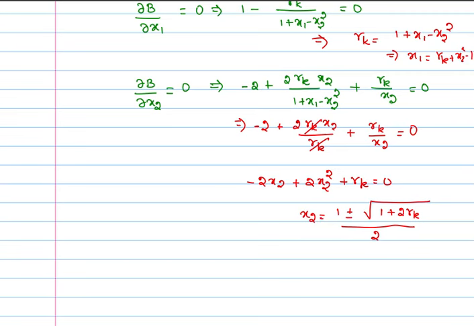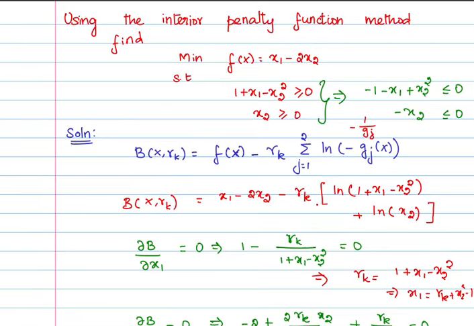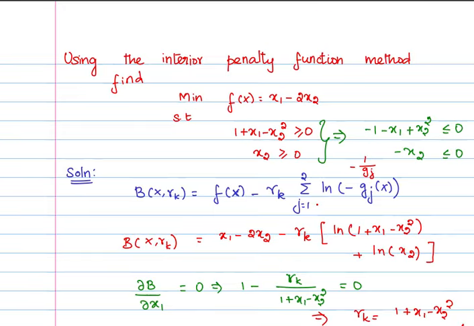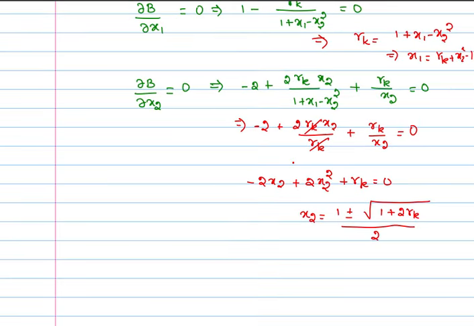So now using our constraint, x2 is greater than 0, correct? This implies that here 1 plus the square root is more than 1, so only the positive quantity will remain. The negative quantity will not be correct. So x2 must be 1 plus square root of 1 plus 2 rk, divided by 2.